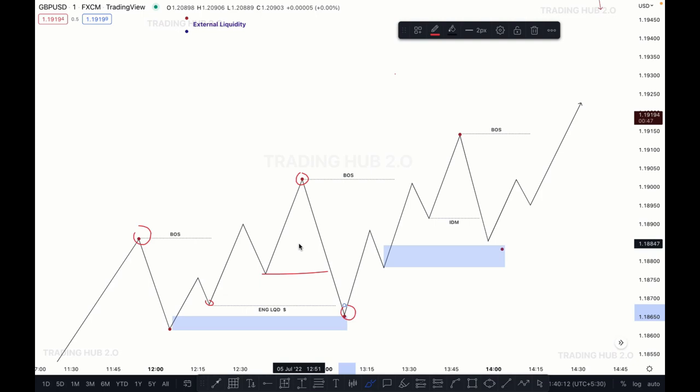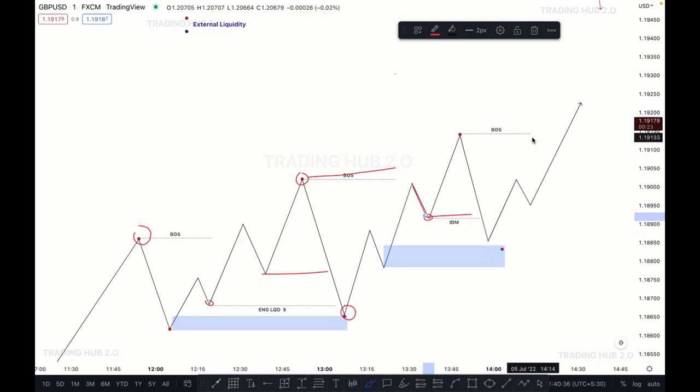So the market breaks the structure again. In terms of structure, this is a break of structure, but in terms of liquidity, this is the external liquidity. The market takes the external liquidity, and then takes out the most recent swing low, which is here, and having taken out this low, the market goes higher.